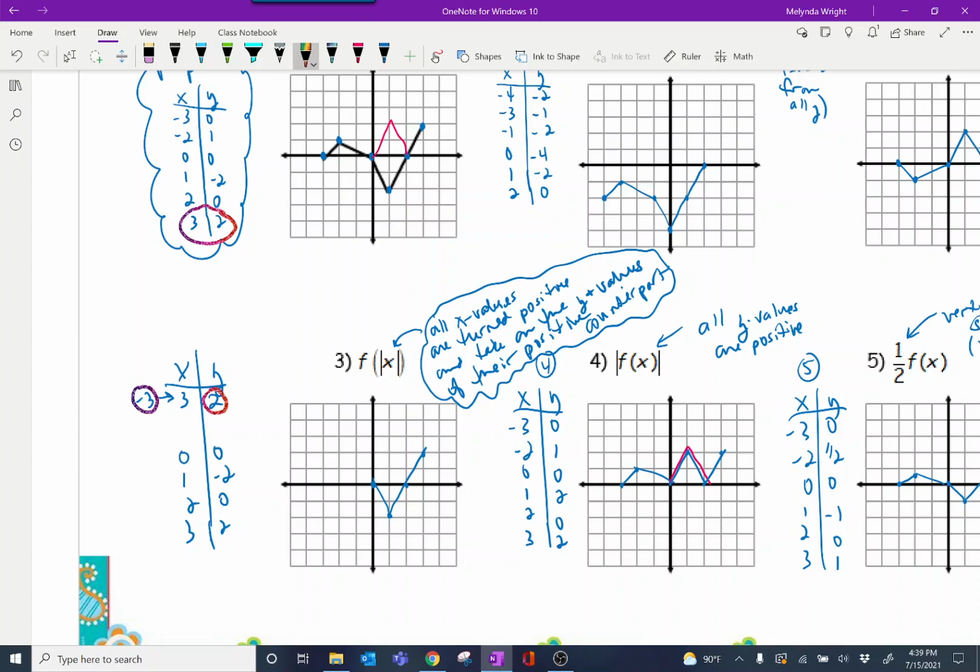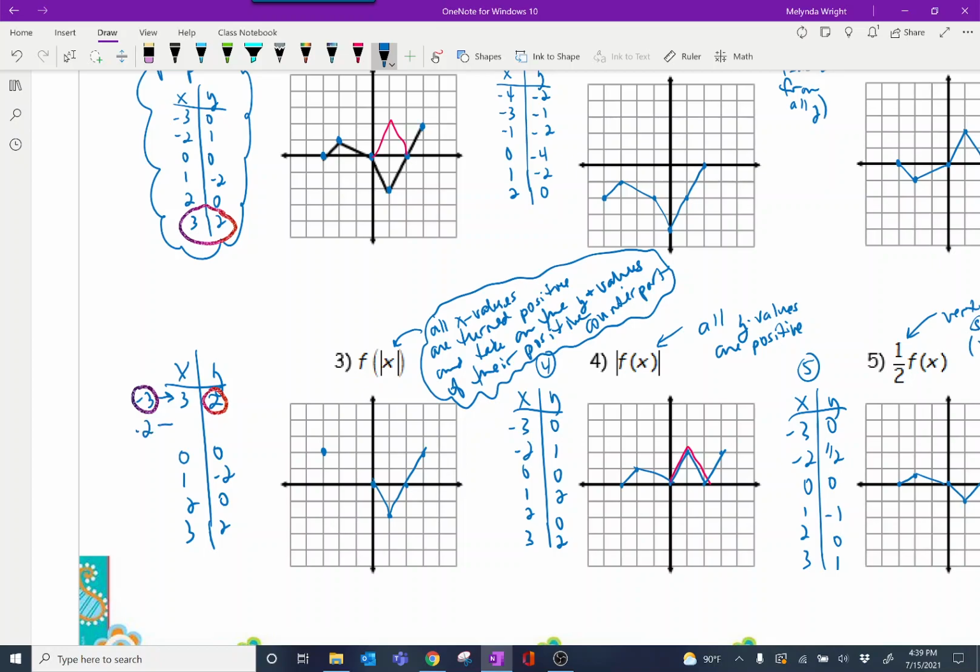That's the point because I put in a -3, it turned to a 3, and it took the 3's output. So -3 and 2. There we go.